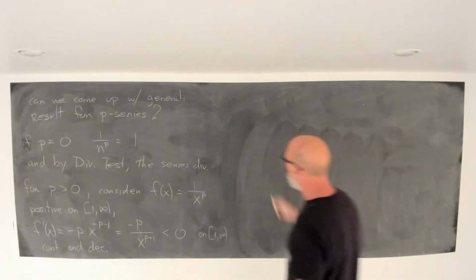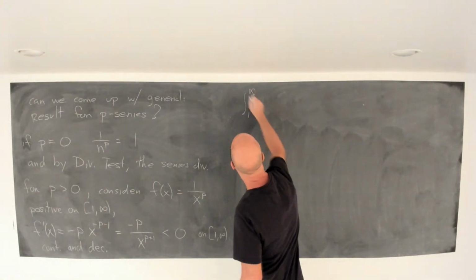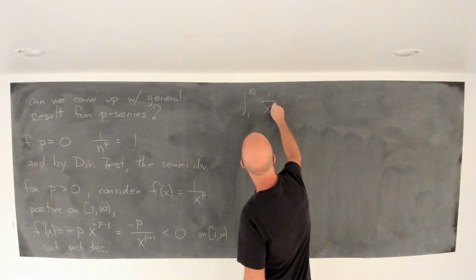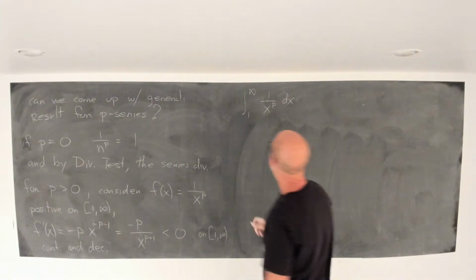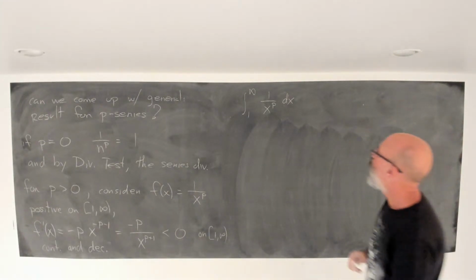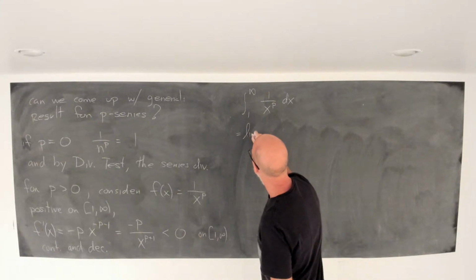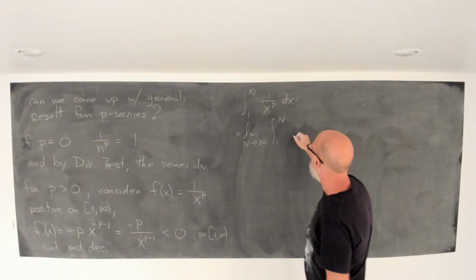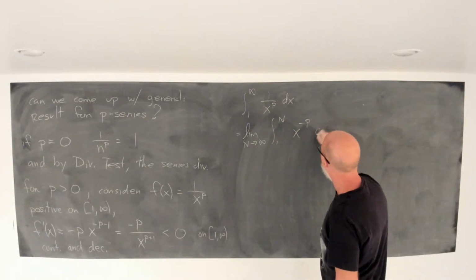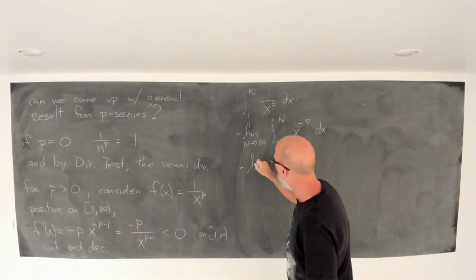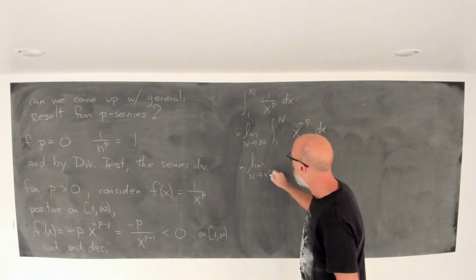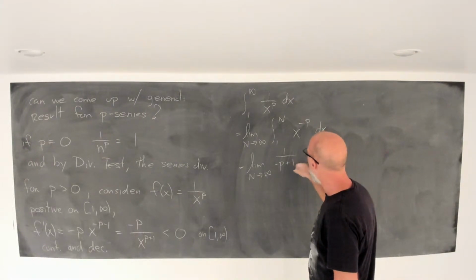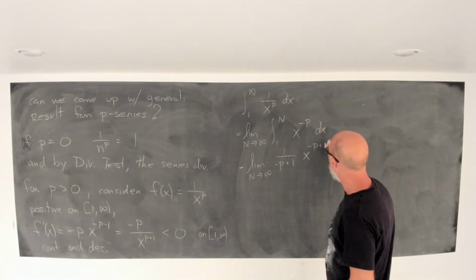So we can apply the integral test, and the integral of 1 over x to the p, which is the limit as n goes to infinity. Let's call it x to the minus p. And so that is 1 over minus p plus 1, x to the minus p plus 1.